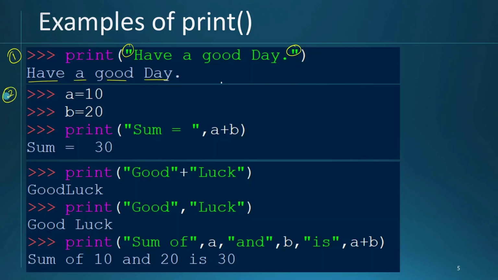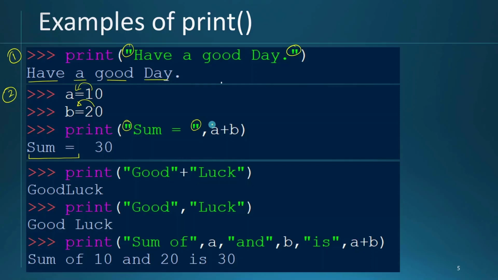Now in the second example, I am creating two variables a and b with value 10 and 20. After that, I am calling print. Now I told you everything you put inside quotes will be printed as such. So sum equal to will be printed just like that. And after that you can see you put a comma and then you have something which is not inside the quotes.